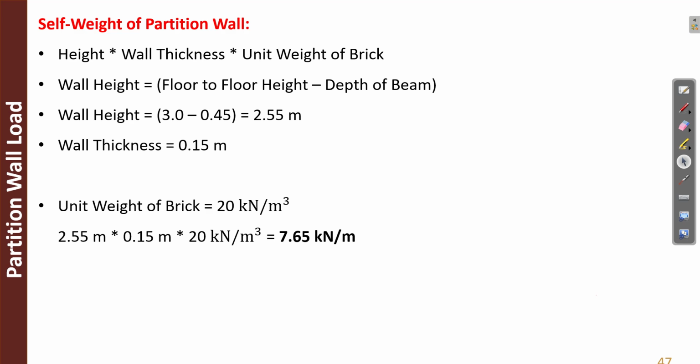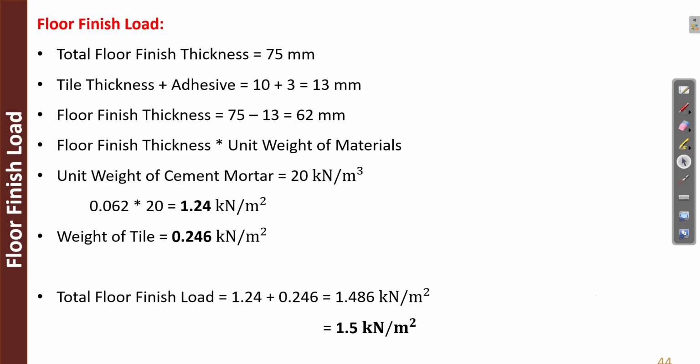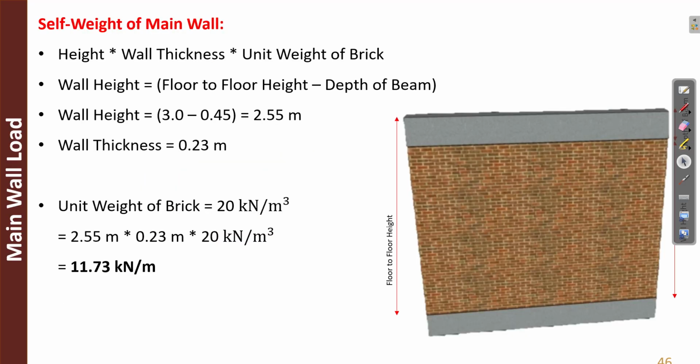So this is the floor finish load calculation. Next is self weight of main wall. Assume the floor to floor height is 3 meters, and the depth of beam is 0.45 meters.